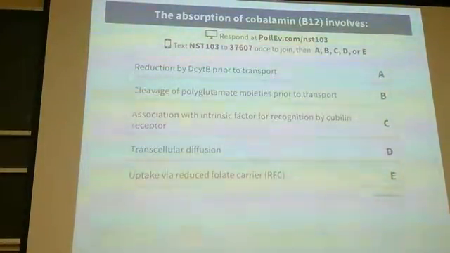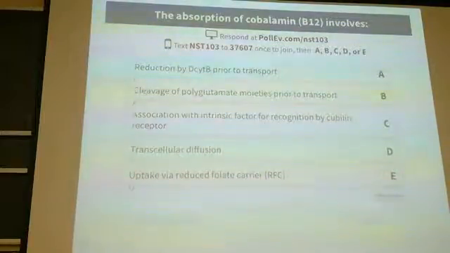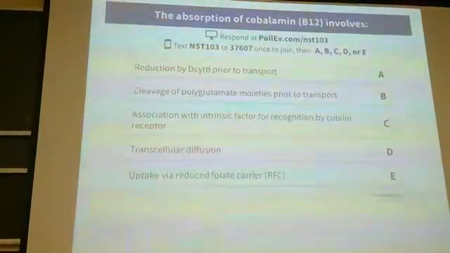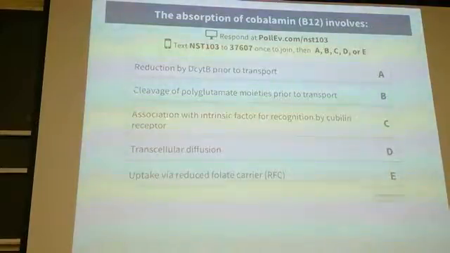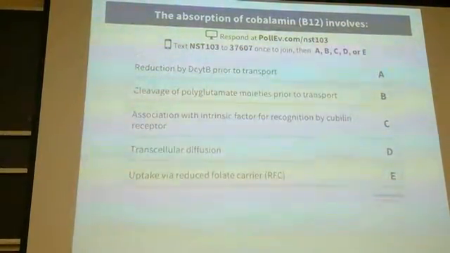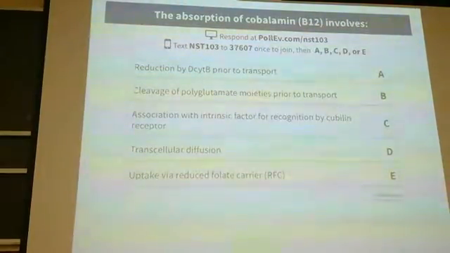The absorption of cobalamin or vitamin B12 involves: A, the reduction by duodenal cytochrome B, DCYTB, prior to transport; cleavage of polyglutamate moieties prior to transport; association with intrinsic factor for recognition by the cubilin receptor; transcellular diffusion; or uptake via the reduced folate carrier.